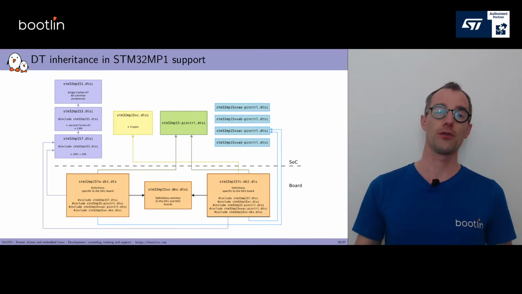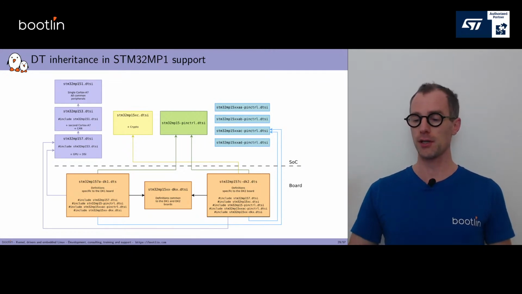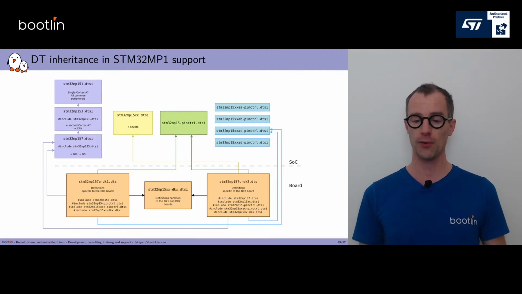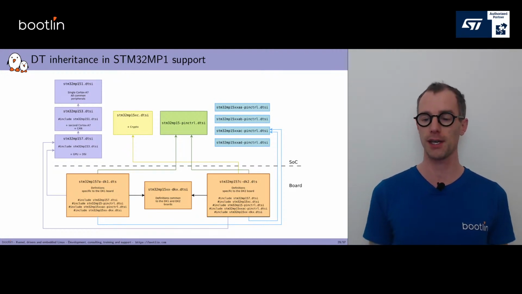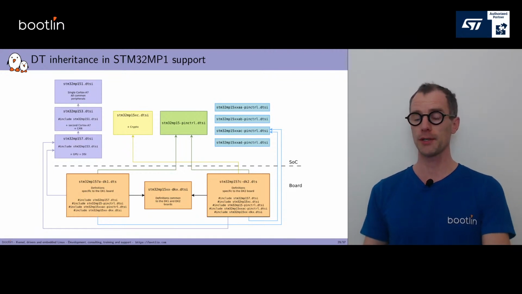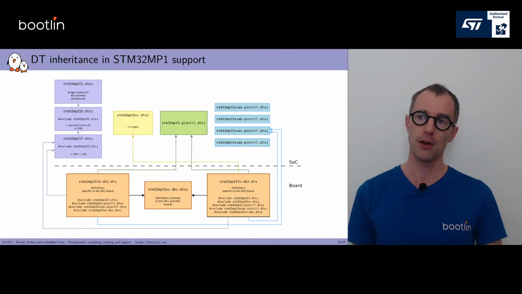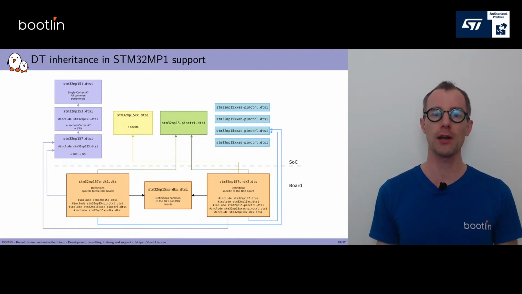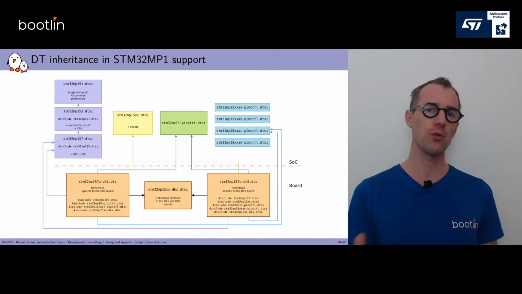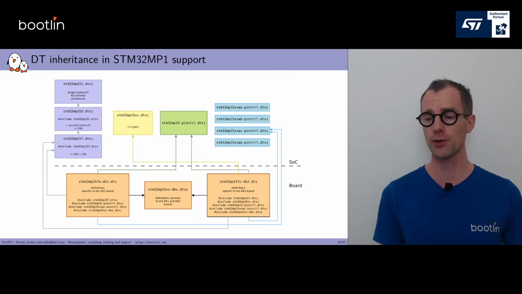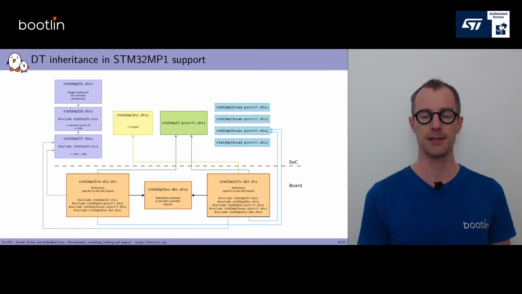It's going to include the pin configurations and GPIO definitions specific to the package and the common definitions for both DK1 and DK2. But the DK2.dts is also going to be a bit bigger because the DK2 is kind of a superset of the DK1. It has, if you remember, the Bluetooth Wi-Fi chip, it has a display panel, it has a touchscreen, so it has quite a few features that will be described in the DTS itself.